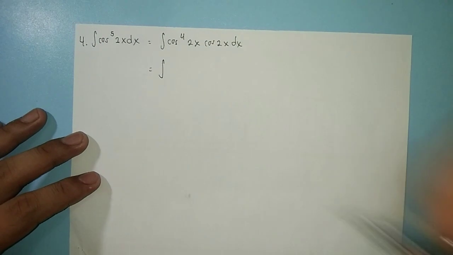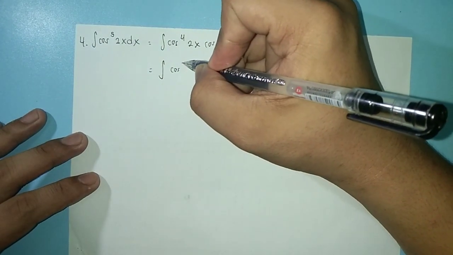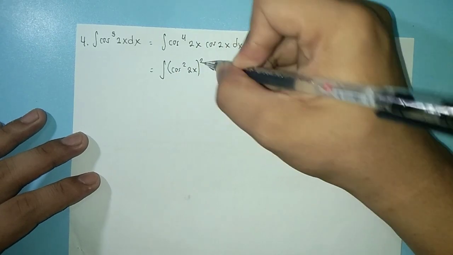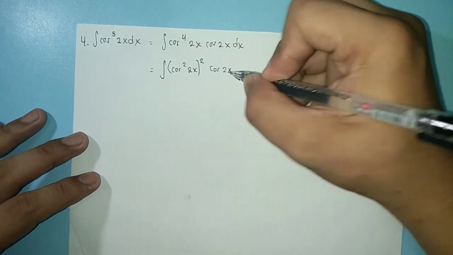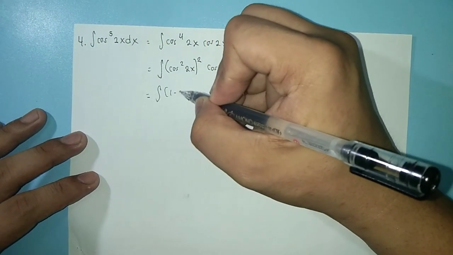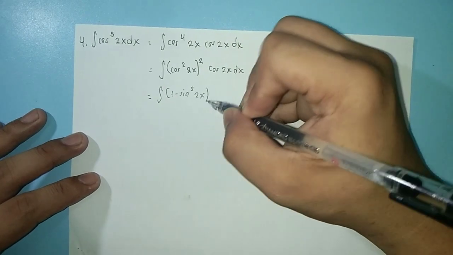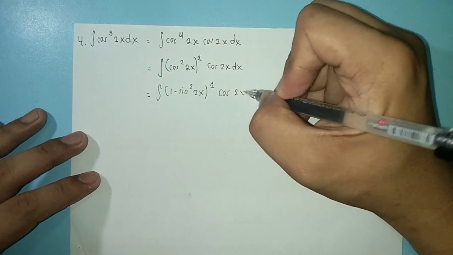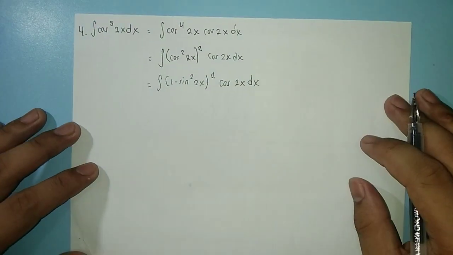So ang gagawin natin, gawin natin siyang square of cosine 2x quantity raised to 2. Cosine 2x dx. So itong square of cosine 2x, papalitan natin ng 1 minus square of sine 2x. So may squared. Yun yung pinagkaiba nila. Cosine 2x dx.